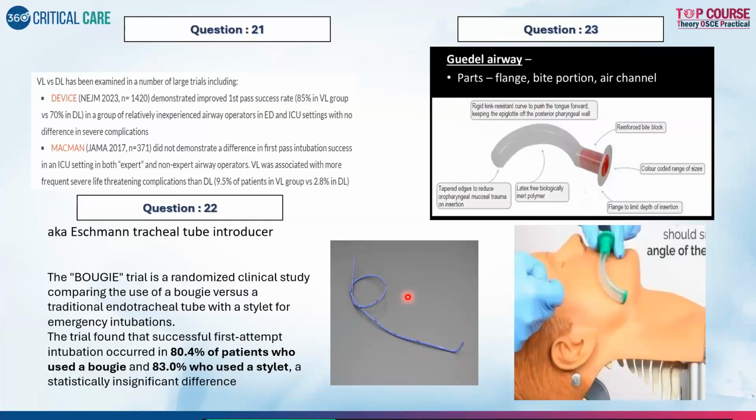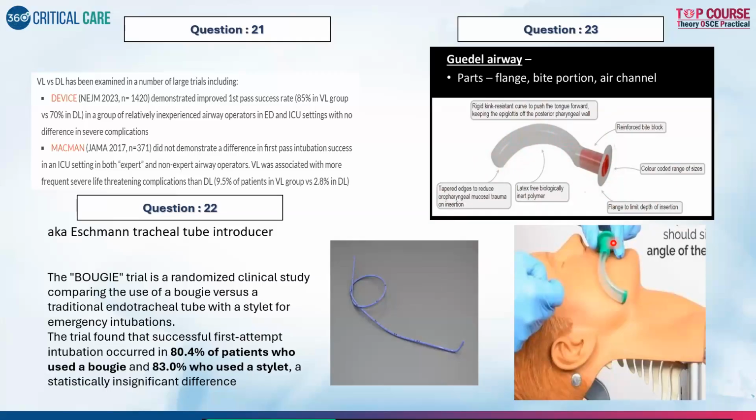Last, we have the Goodell's airway or the nasopharyngeal airway. Please remember, it is not given in case of awake patients. We need to describe the parts of it, which is it comes in color coding, okay, depending on the sizes. There is a reinforced bite block. There is a rigid kink resistant curve which pushes the tongue, and the importance of the size is that if it is too small, if it is too large, it might block the posterior pharyngeal wall or the tongue.